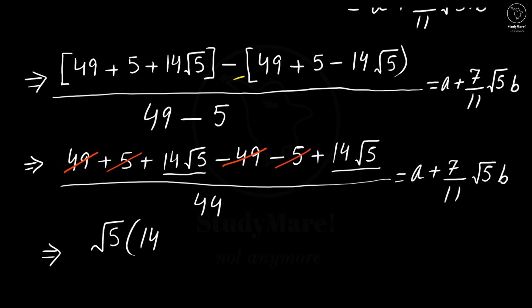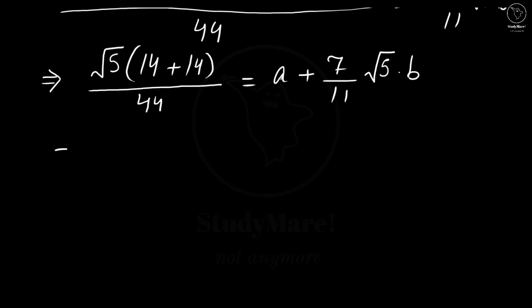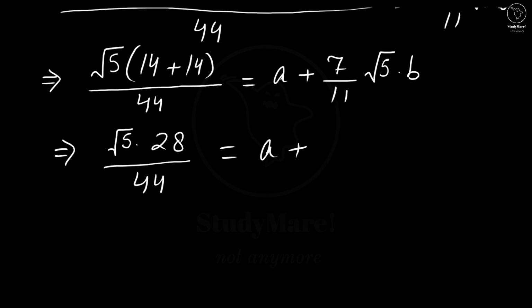We are left with 14 plus 14 divided by 44 is equal to A plus 7 by 11 root 5 into B, which gives us root 5 into 14 plus 14 is 28 divided by 44, which is equal to A plus 7 by 11 root 5 into B.